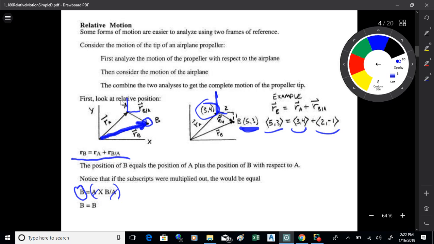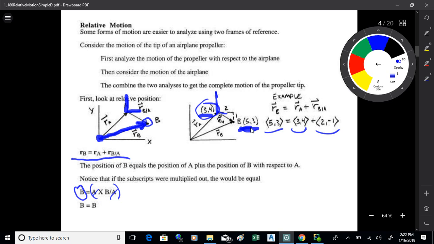Now, I could also, if I wanted to, put a coordinate system up here at A, and then figure out where it is with respect to my original origin over here. And let's say that's at (3, 4). So x is 3, y is 4. To get to B, then, I'd go over 2 and down 1. Okay, that's how I would get from this new coordinate system to B.